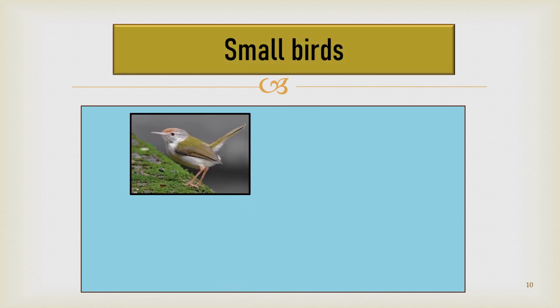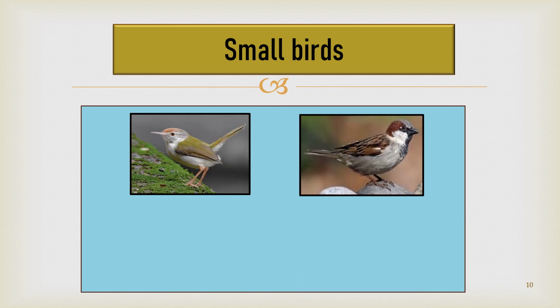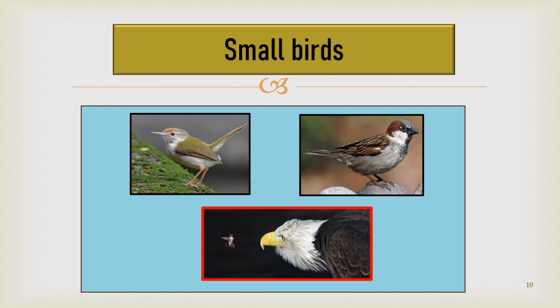This is a teller bird and this one is a sparrow. Now see the picture at the bottom. Can you see a big eagle and a small hummingbird in that? This picture explains how birds differ in size.